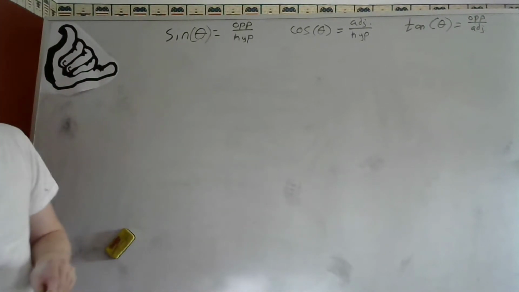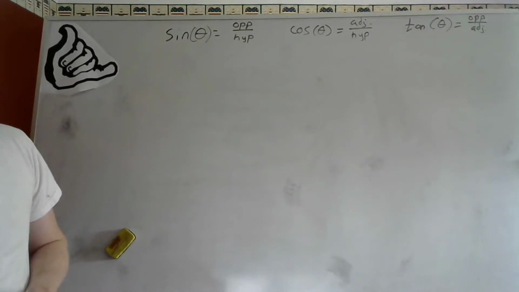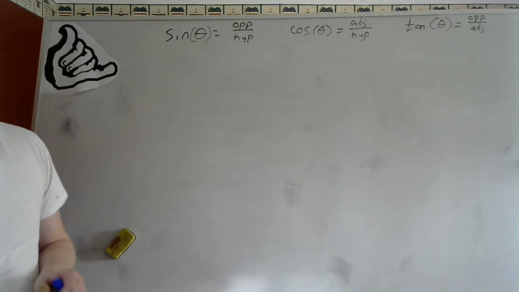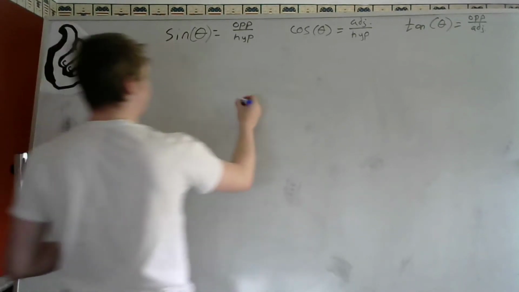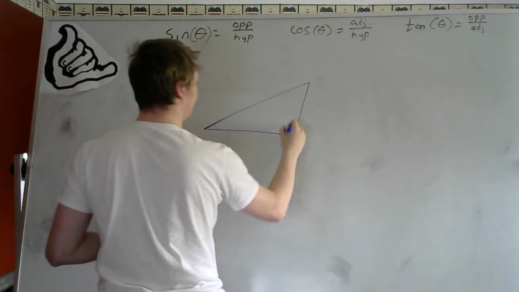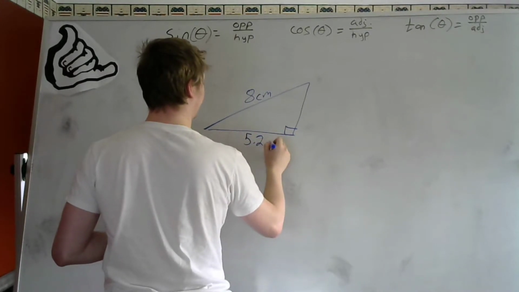Okay, so looks like the majority of these, at least the first ones, all include the hypotenuse, which is fine. Let's do number 11, 8 centimeters and 5.2 centimeters.